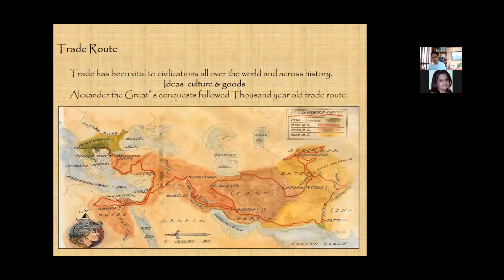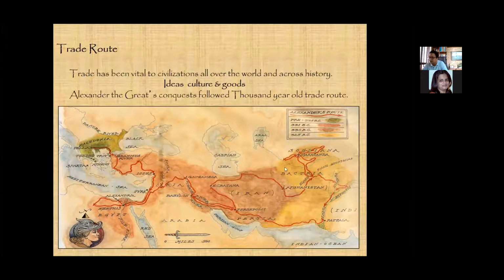But did trade really happen? That's the question. Did trade really happen in that time? And there is this trade route that has been there for quite some time. If you see this red route, it comes from Macedonia, moves across Syria, and further to Afghanistan, and then from there it reaches India.